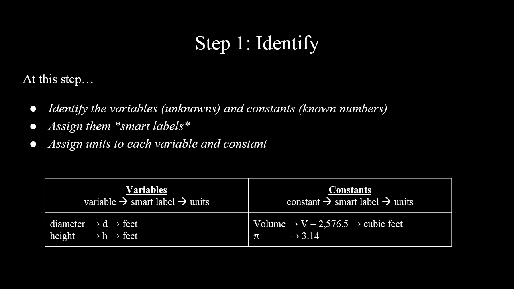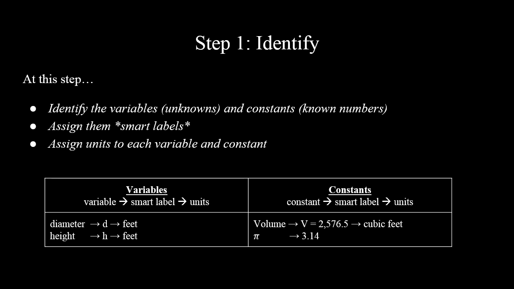So I've given the volume the smart label V. There's its value, 2,576.5. And that was given to us in cubic feet. And a volume is always cubic whatever, cubic feet, cubic meters, because we're multiplying three things together.